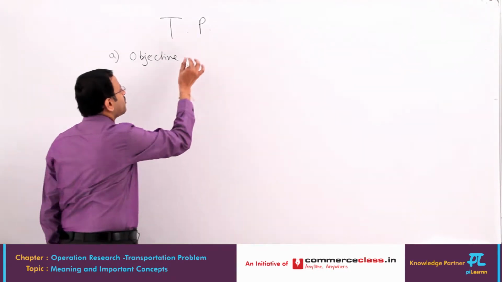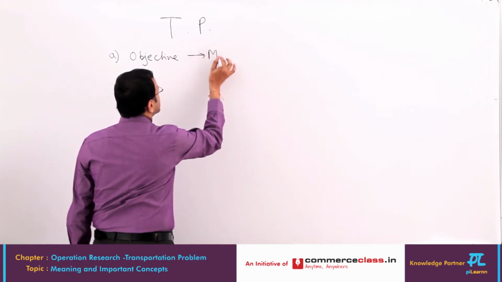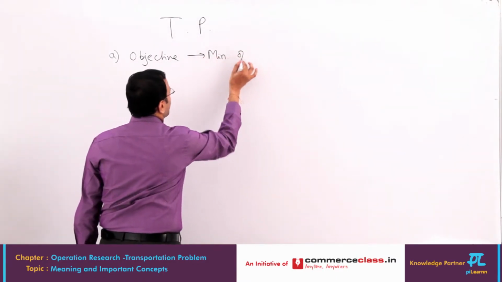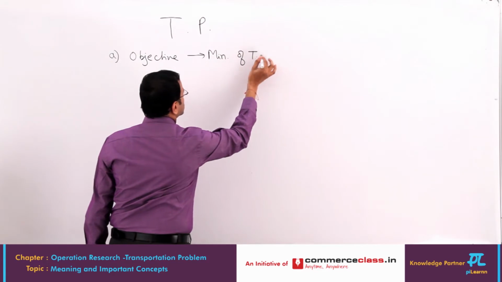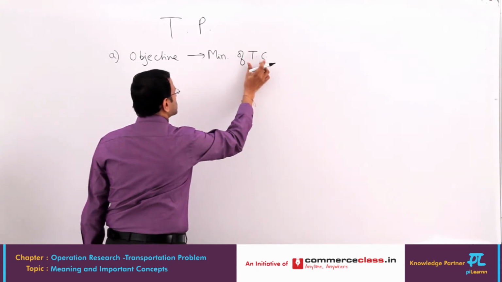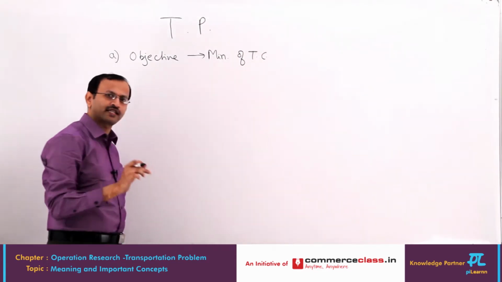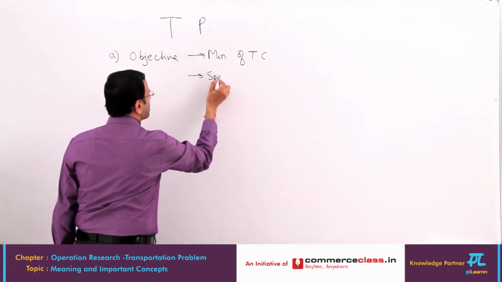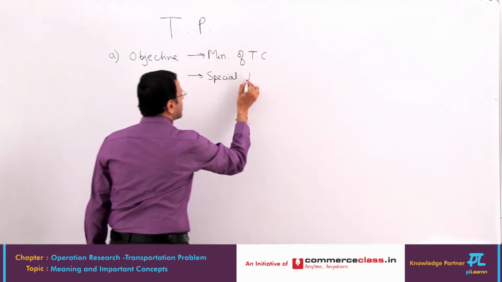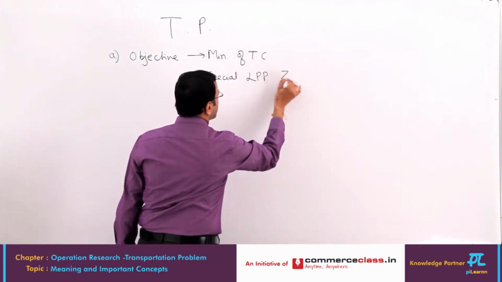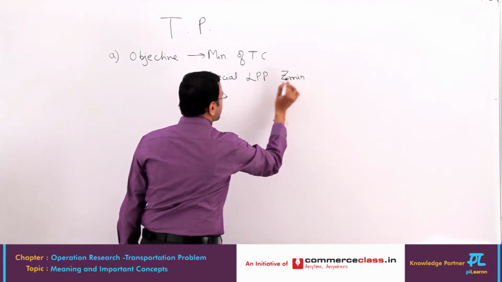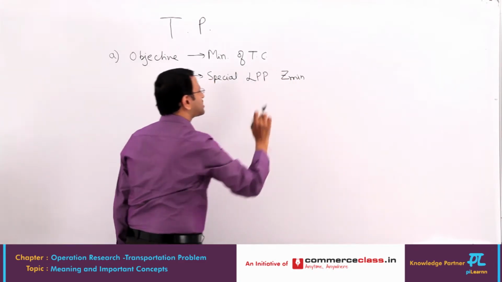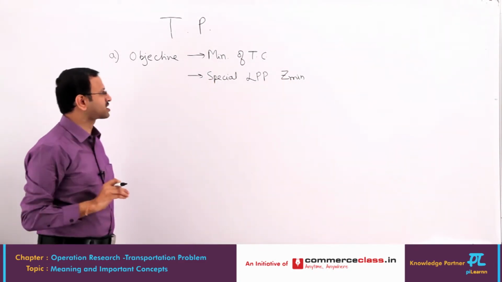You are going to look at minimization of transportation cost. Total cost, or here particularly it is transportation cost. It is a special LPP looking at Z minimum. Z is the objective function, you know, minimizing Z or minimizing cost.